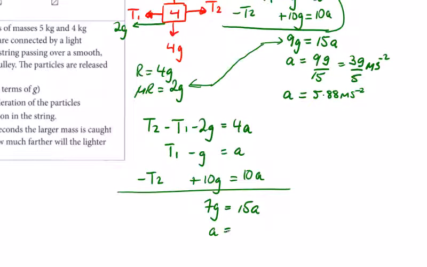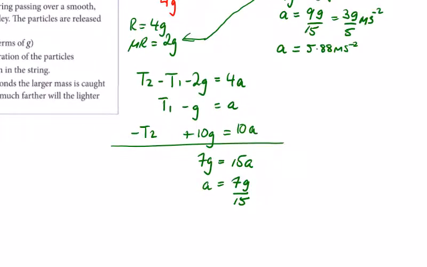So a is equal to 7g over 15. That doesn't work out too nicely. It's a repeating decimal, 4.573 repeating meters per second squared.